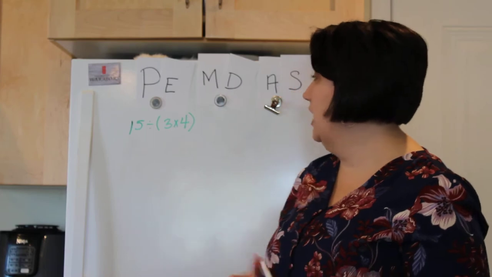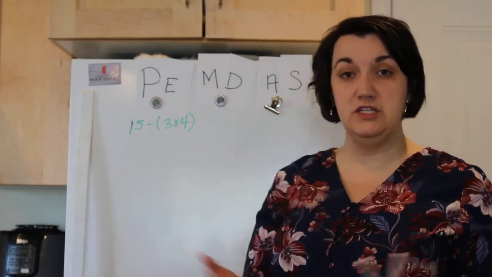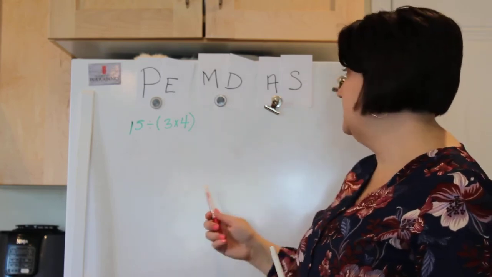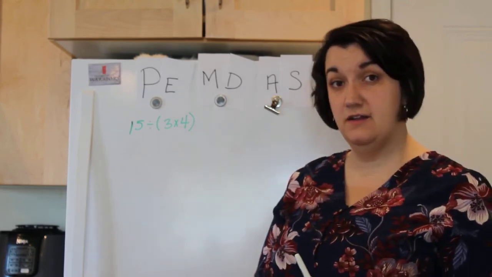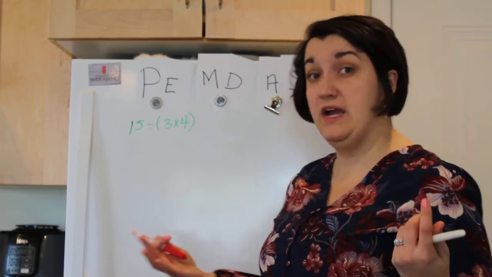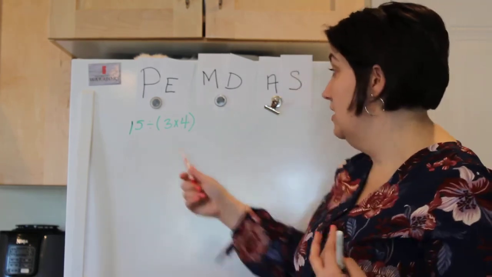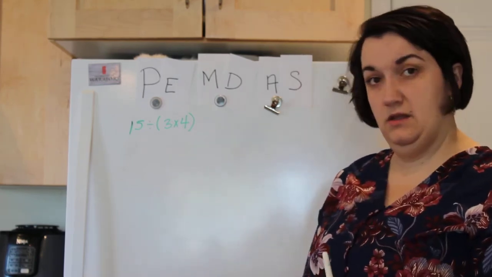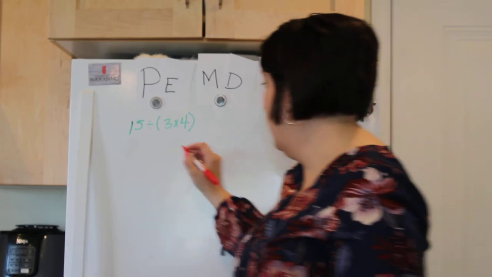So who can tell me which one we solve first? Yes, Osriel. The parentheses. And why do we do that? Because of the order of operations. Exactly. It's the rules that tell us which way to go. So let's go ahead and solve that. What is 3 times 4? 12. Exactly.